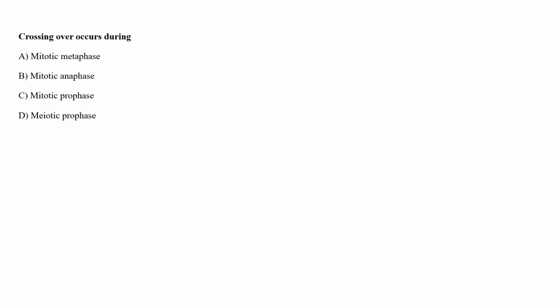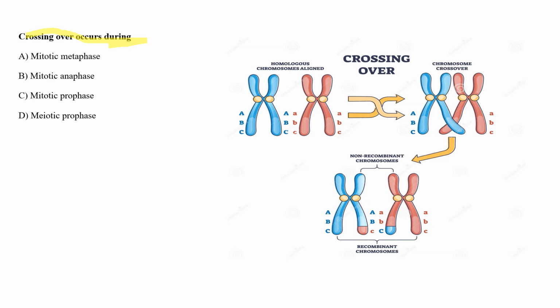Now, our question is, crossing over takes place or occurs during A. Mitotic metaphase, B. Mitotic anaphase, C. Mitotic prophase, D. Meiotic prophase. So what is crossing over? Crossing over is exchange of genetic material between two homologous chromosomes. What happens? These homologous chromosomes firstly get aligned.